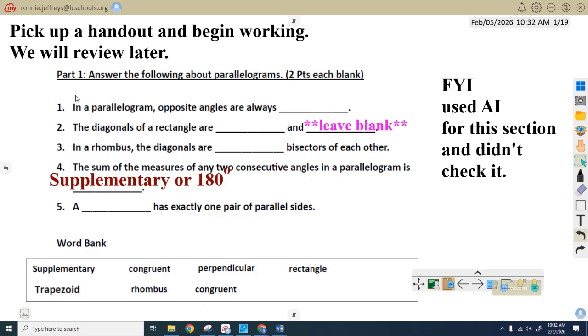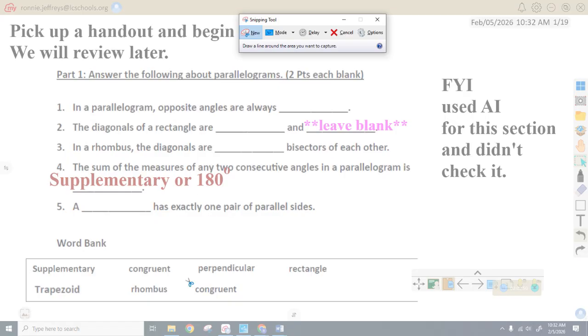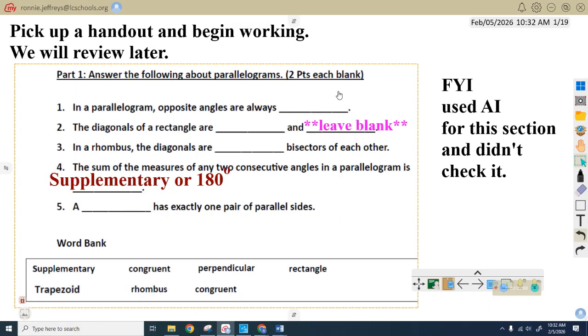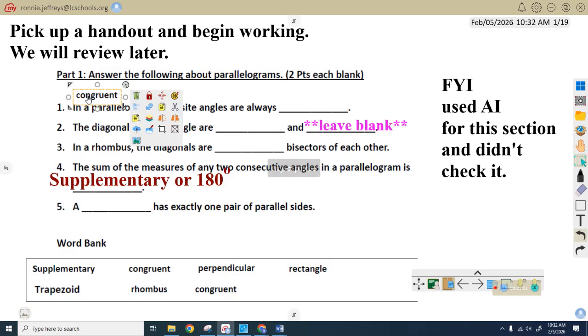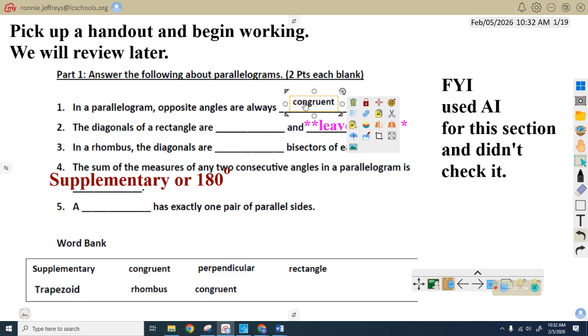Alright, in a parallelogram, opposite side angles are... now when I'm asking a question like this, y'all can actually answer and it'd still be okay. So, congruent. Okay, opposite side angles are congruent.